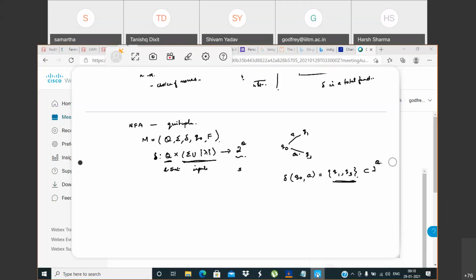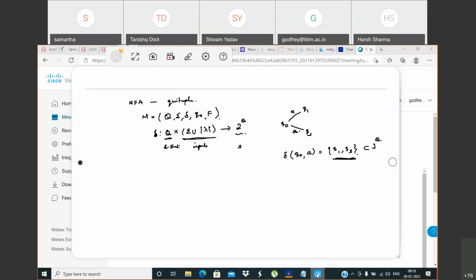Basically there are three differences. The first difference with respect to a deterministic finite acceptor is that the range for delta is in the power set of Q.